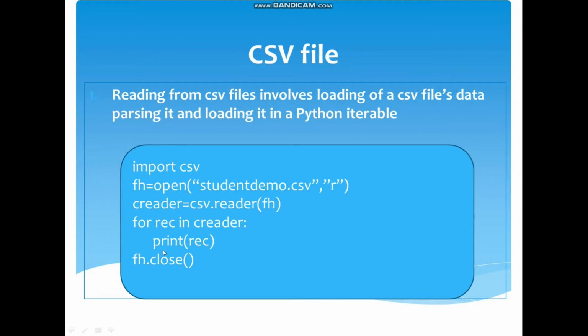This program is also similar to that one. What we do here is import csv, then we open the file from where we want to read the data. This process is again the same as in the last program, the only difference is we don't have a w, we have r. Why? There we wanted to write, here we want to read, so r.